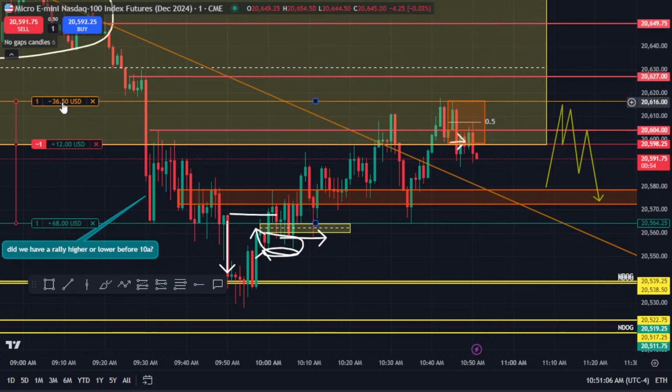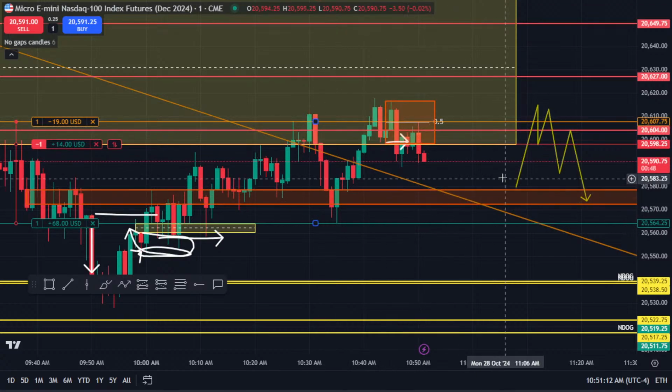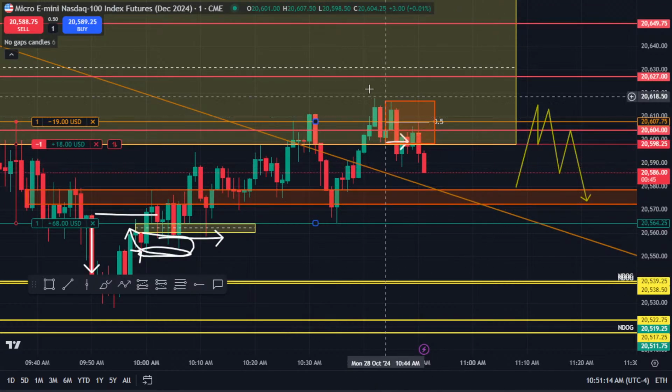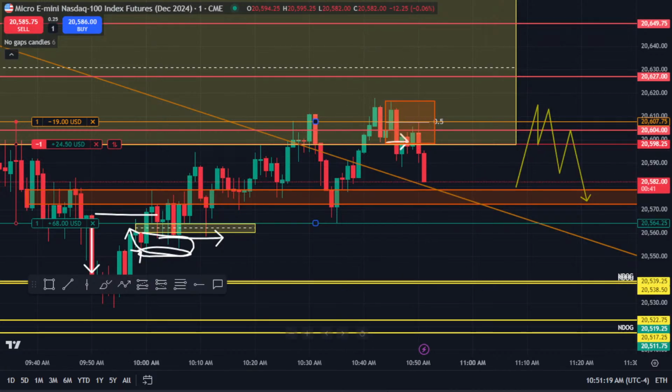So I would trail my stop loss here above that candle. So instead of 36, you'd be risking 20.